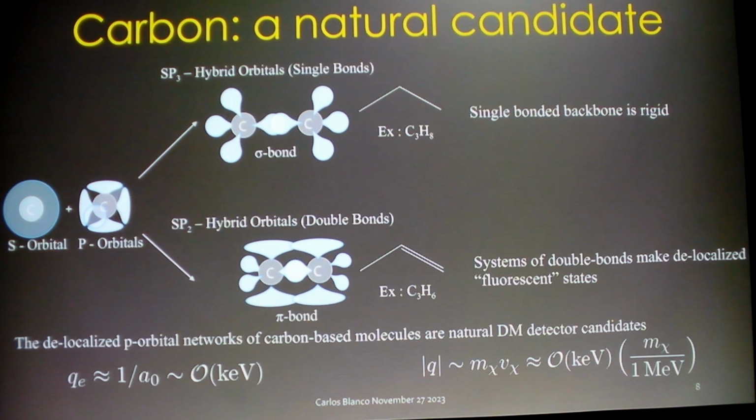The backbone of the molecule stays largely unchanged while the electrons in the pi bond are free to sort of roam around.